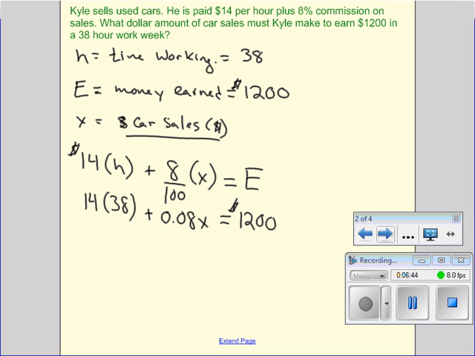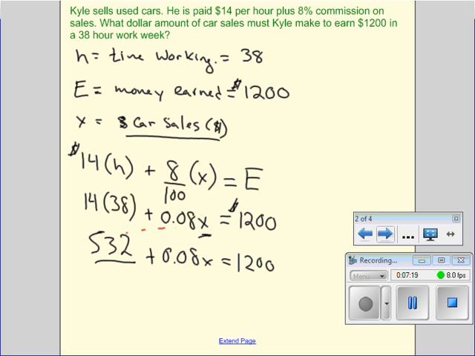Now I have a very simple equation with only one variable. So I have 14 times 38, which is 532, plus 0.08x equals 1,200. I'm going to move this over to the other side.